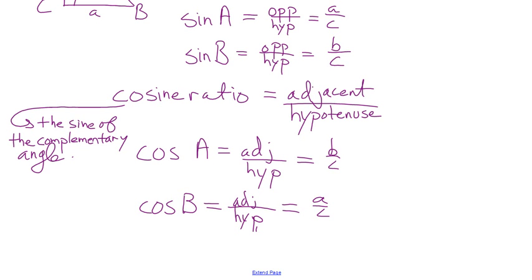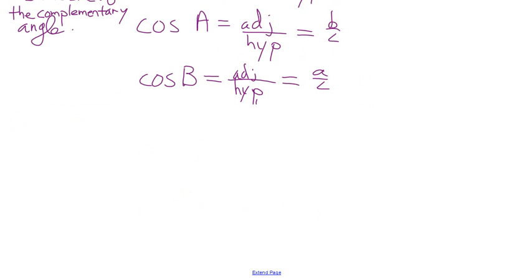Use trig ratios to calculate missing angles in a triangle. So we're going to do the tangent ratio. What's tan? Opposite over adjacent.